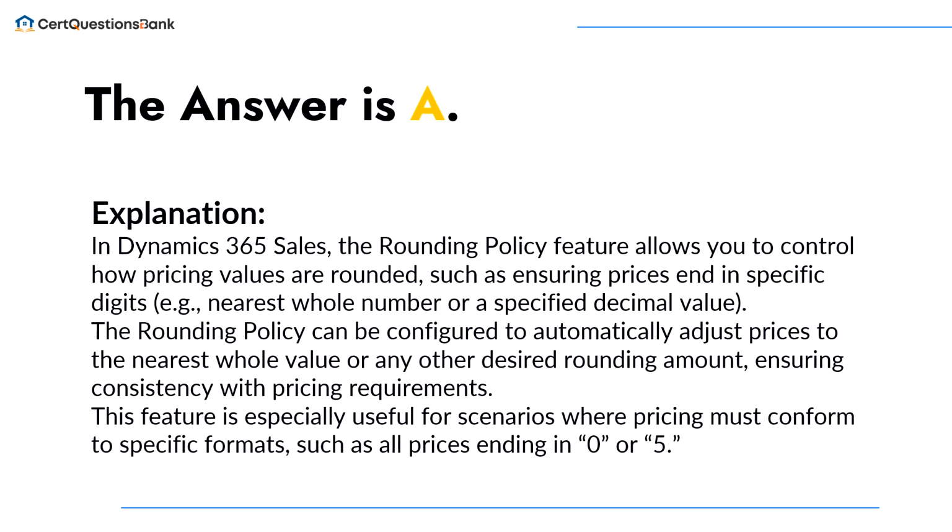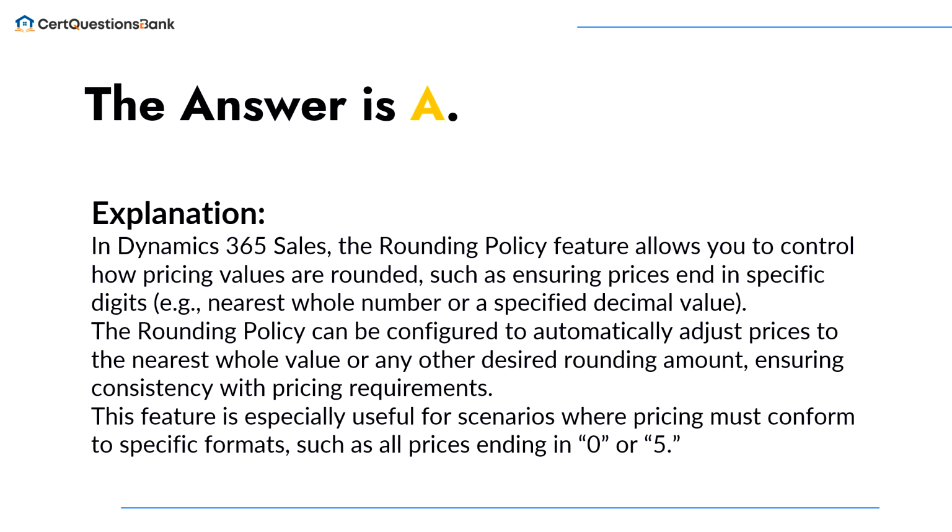The answer is A. In Dynamics 365 Sales, the rounding policy feature allows you to control how pricing values are rounded, such as ensuring prices end in specific digits, e.g., nearest whole number or a specified decimal value.